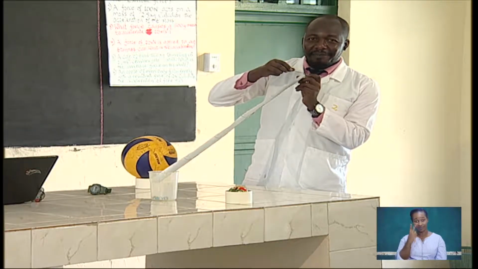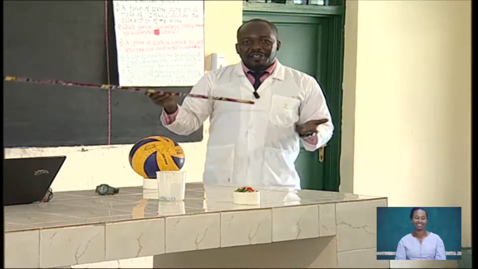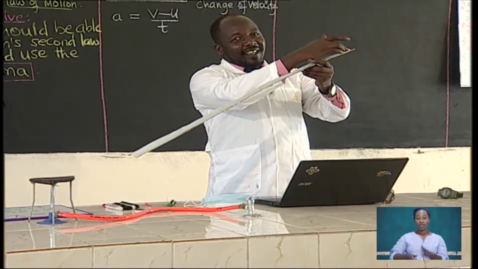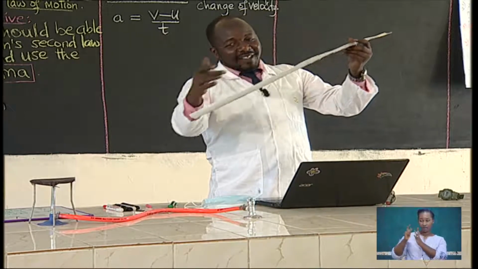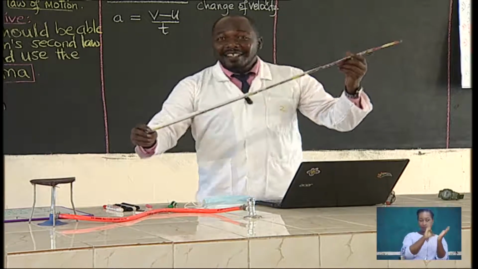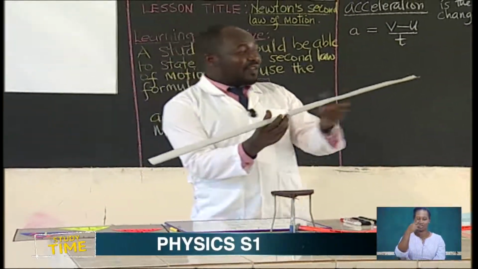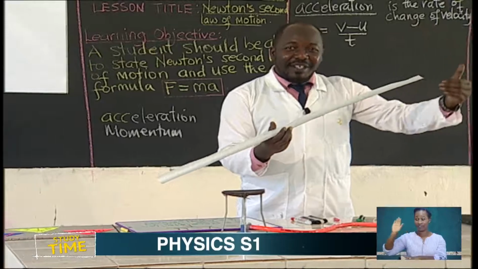Do you see that? So the question is, the velocity at point A, is it the same as the velocity at point B? According to me, no. The velocity at point A is very small.